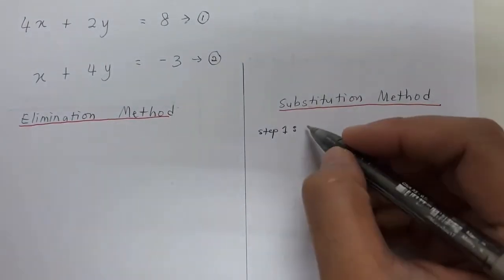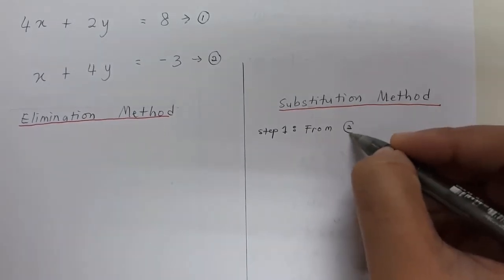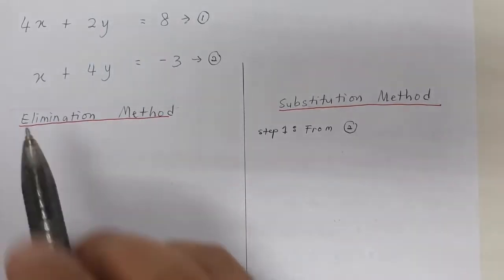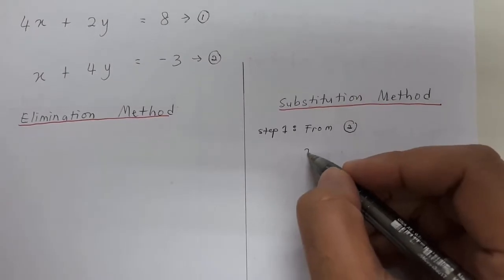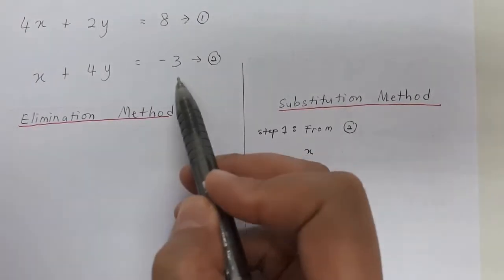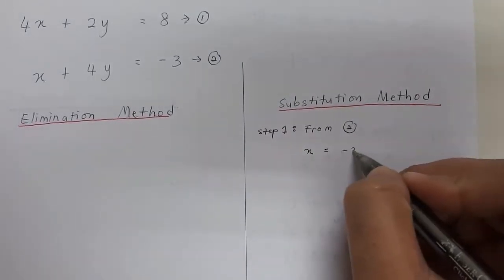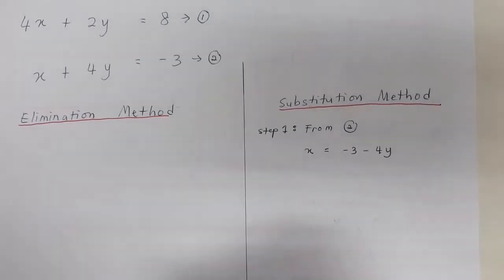So, from equation 2, put x on the left hand side and move 4y to the right hand side. So, x equal negative 3 minus 4y.